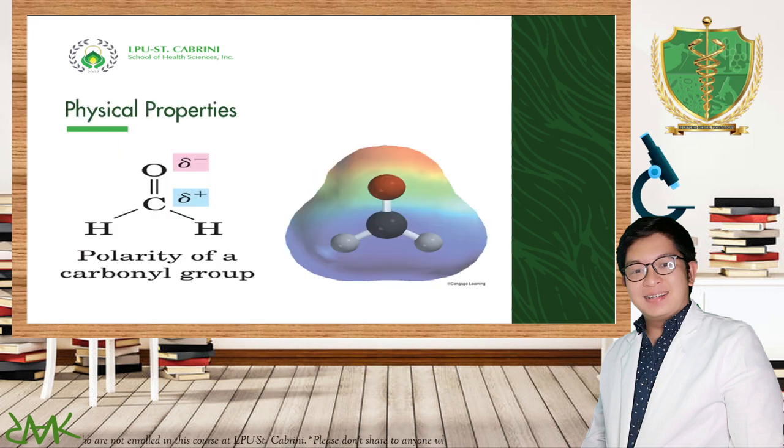At this point, we are going to discuss the physical properties of our aldehydes and ketones. Take note, guys, that the electronegativity difference between the carbon and the oxygen double bond falls under the category of a polar covalent bond. Carbon has a partial positive charge and oxygen has a partial negative charge.